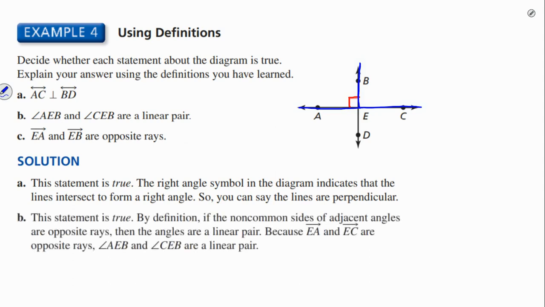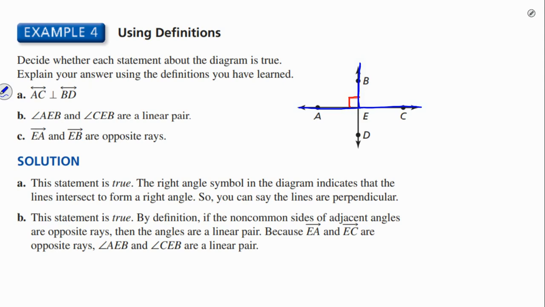It turns out that the statement is true. They are, in fact, linear pairs. By definition, if the non-common sides of adjacent angles are opposite rays, then the angles are a linear pair. So because AE and EC are opposite rays, angle AEB and angle CEB are, in fact, linear pairs.